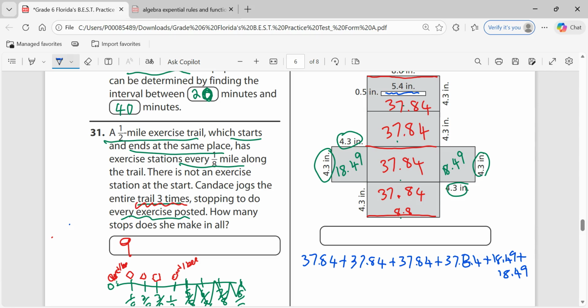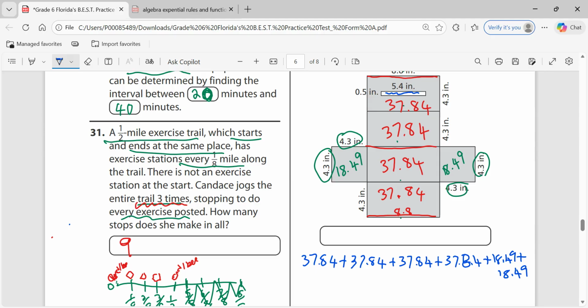Nonetheless, all together, let me add those parts together. Oh, I didn't have a calculator, guys. I've been doing a lot of this.